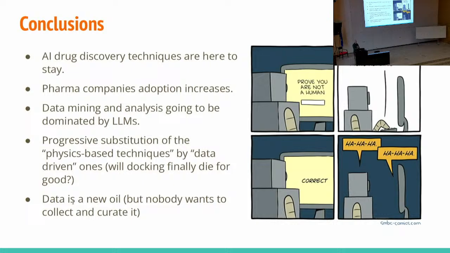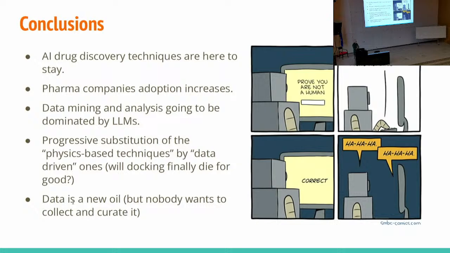The first thing we all need to understand is that AI drug discovery techniques are here to stay for a long time, and most likely in the next decade, we will see that this is the decade of AI in all drug discovery fields. The pharma companies are quite slow in adoption, but it increases.